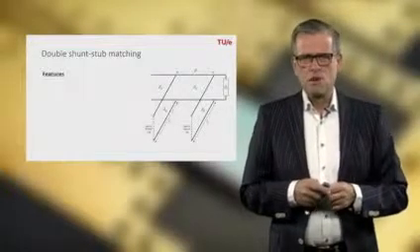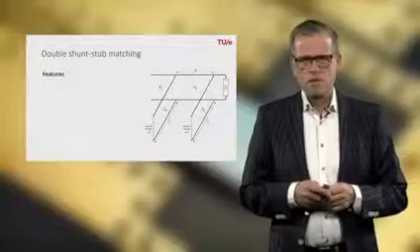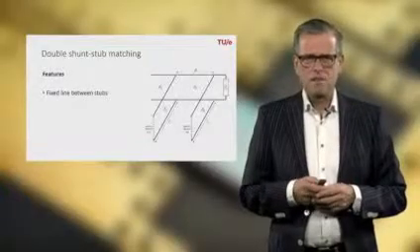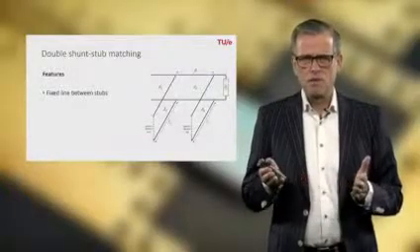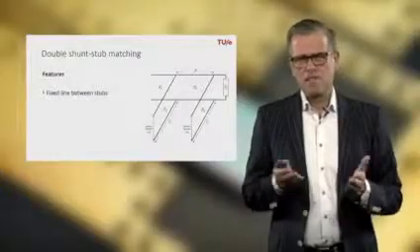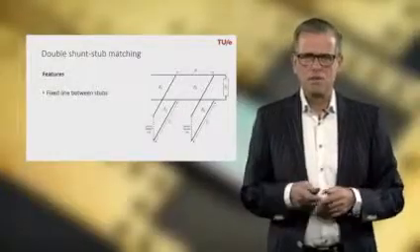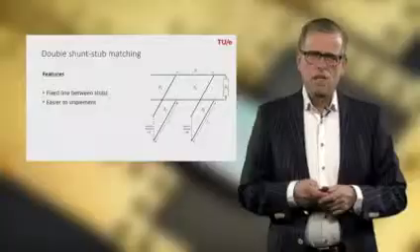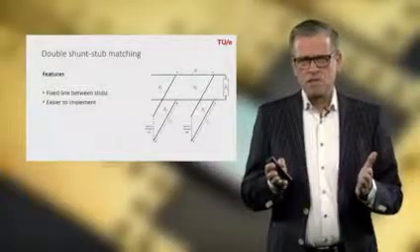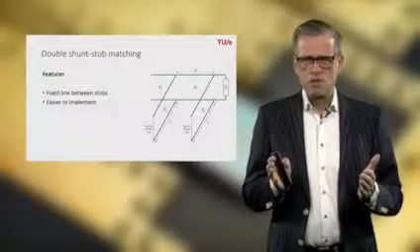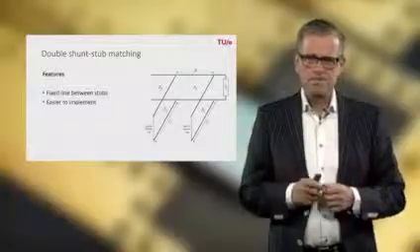The feature of this double shunt stub tuner, in fact, is that you don't need to vary the line length D per se. You can do it, but you don't have to do it. You can reach a lot of impedances in the Smith chart by only adjusting line lengths L1 and L2.